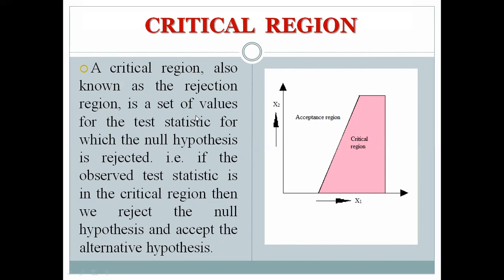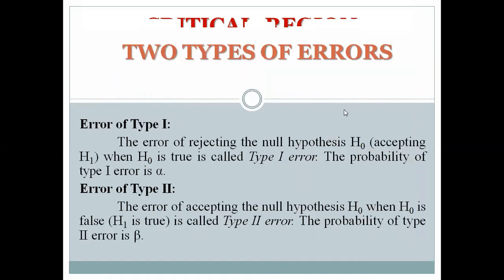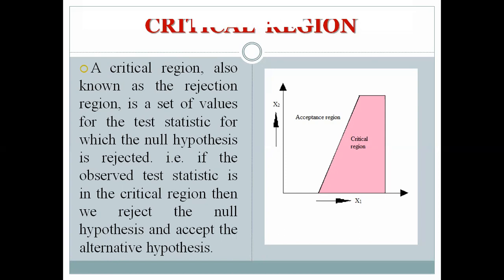In a null hypothesis, we find some values, and even if it is possible, we can reject those values. In the map, we have some points of rejection. That set of values in some places is called the critical region. The opposite region is called the acceptance region.